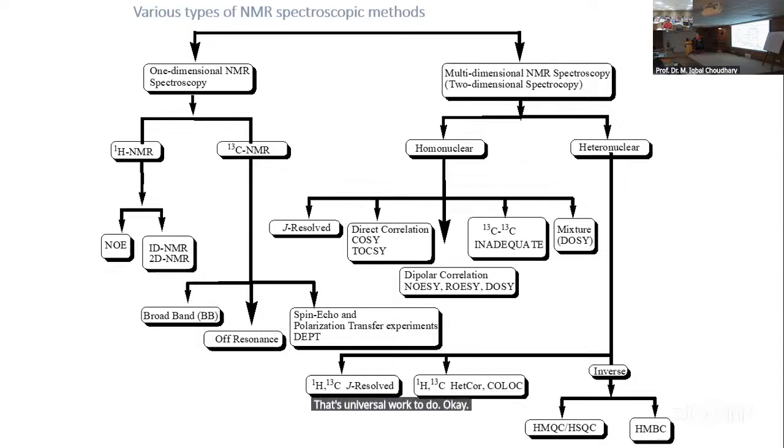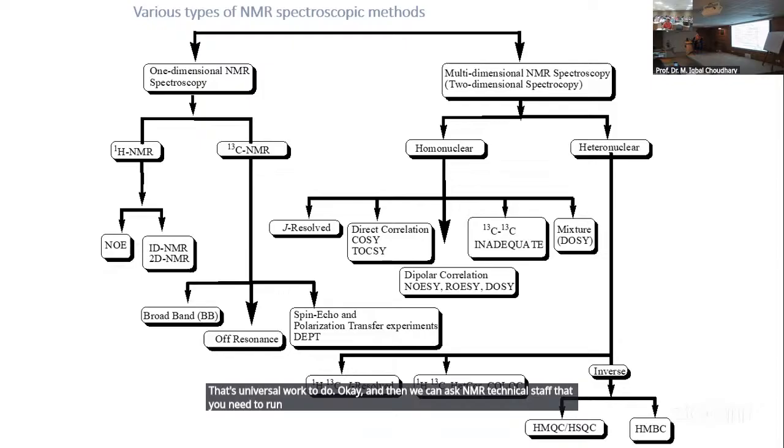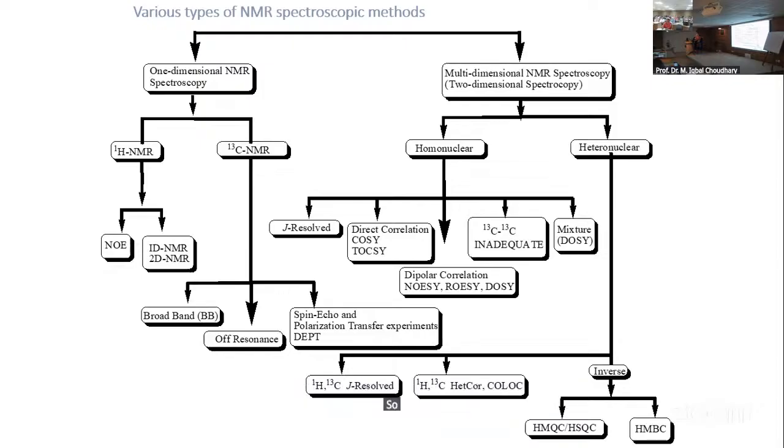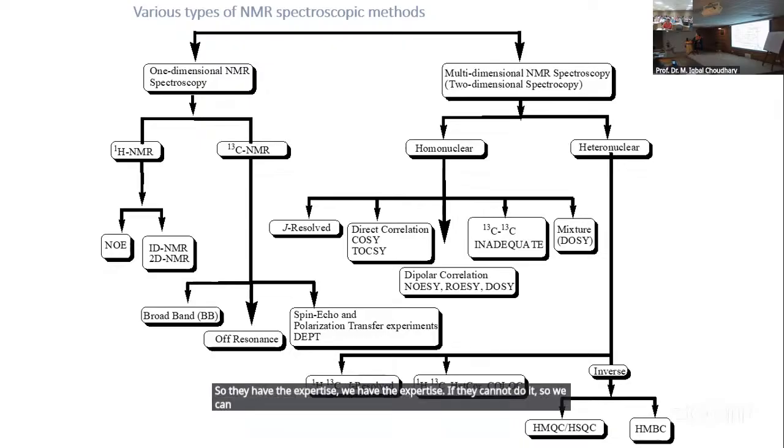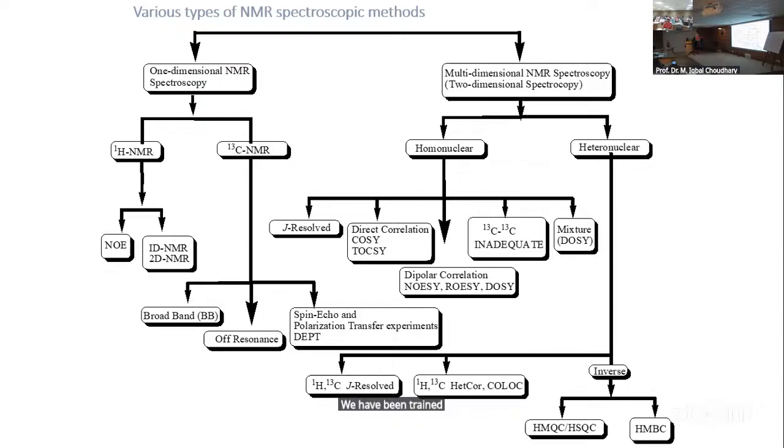Then you can ask the NMR technical staff to run these experiments. They have the expertise, and we have the expertise. If they cannot do it, we can optimize. Dr. Sumaira, Dr. Mara and I have been trained in setting up NMR experiments. So we can set up the NMR experiments, but the requests need to be generated from you guys.